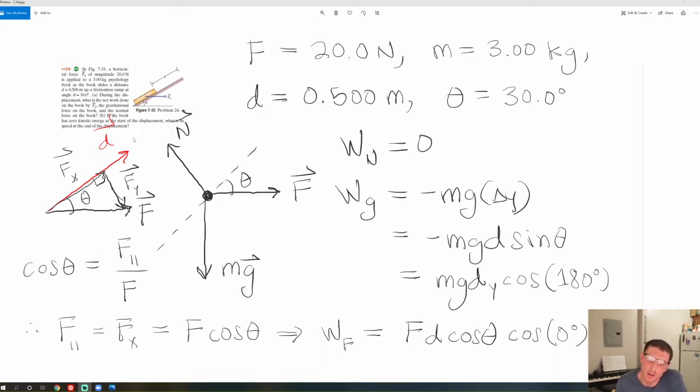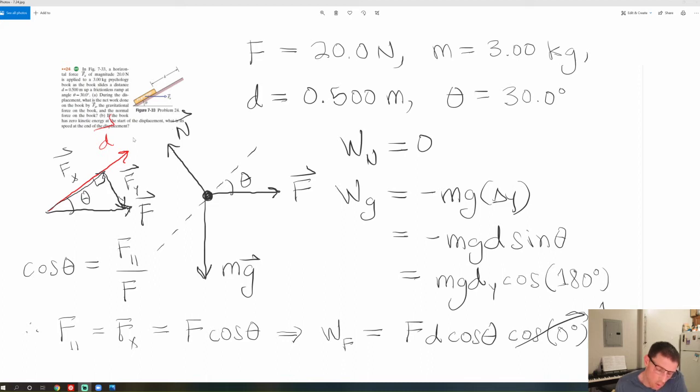And remember that the work is a dot product, and so we can just throw away the component of the applied force that's perpendicular to the displacement vector, right? And so this, of course, is just 1. And so we have now calculated all the individual works, right?